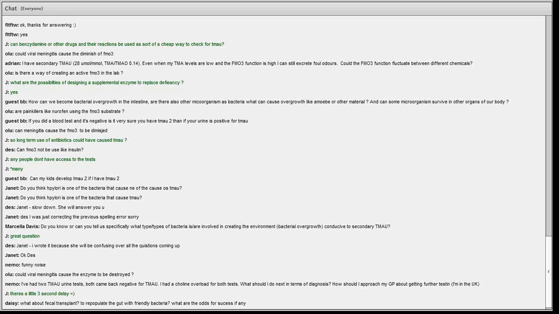You could still have primary TMAU, but it could be secondary TMAU. I think you see the problem: unless you have your whole gene sequence, and even then you'll have so much information that it's hard to interpret without doing a proper experiment that will define whether that change influences the amount of protein produced or its activity.